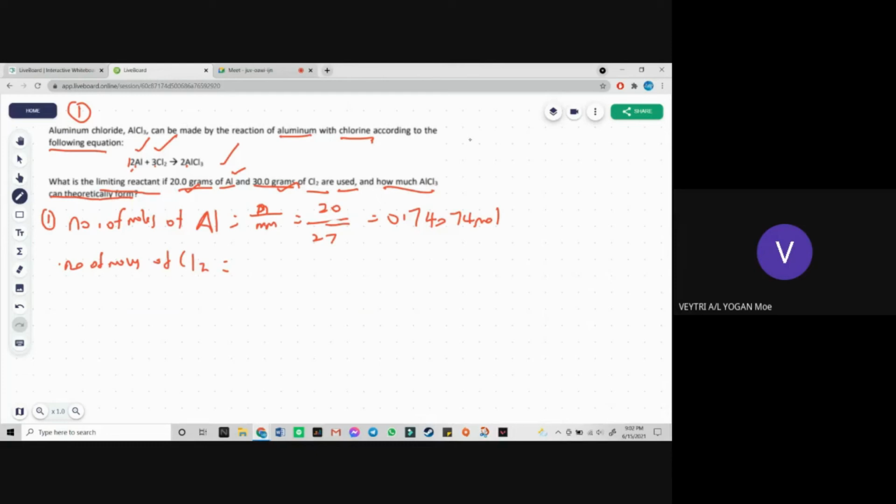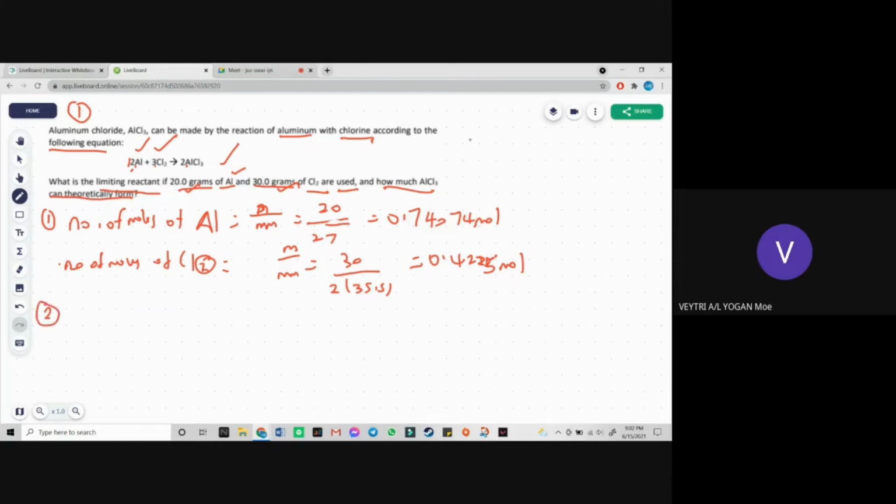Even though it is mass over molar mass, you put mass 30 grams, which is given, and the molar mass for chlorine is 35.5 times 2. Why? Because there is a 2 over here. You'll get 0.4225 moles. That is step number 1, the most basic: find the number of moles.